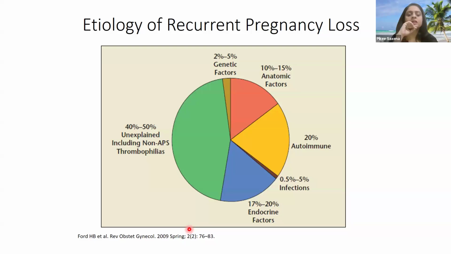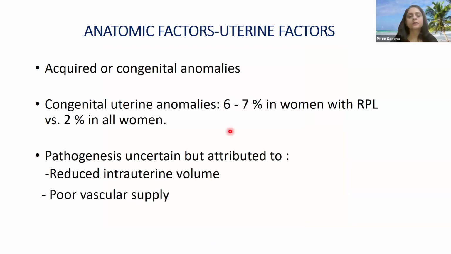So coming to the etiology, as you can see, in the maximum number we are not able to find any cause. Nearly 40 to 50% are due to unexplained RPL, including non-APLA and thrombophilias. The next big chunk is the endocrine causes, which is 17 to 20%, followed by anatomic, which is 10 to 15%, autoimmune is 20%, and 2 to 5% only are due to genetic factors.